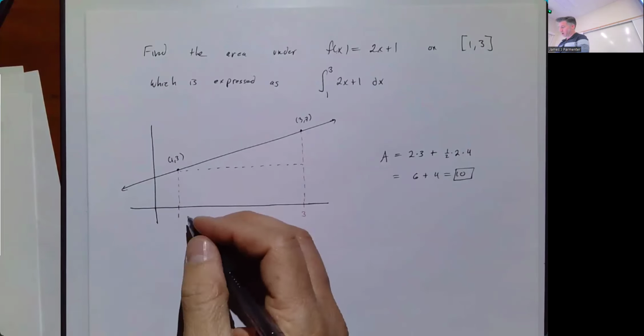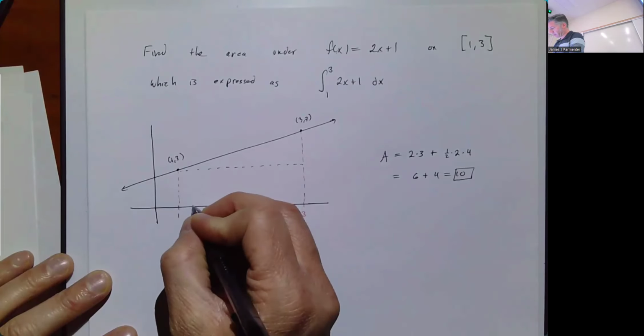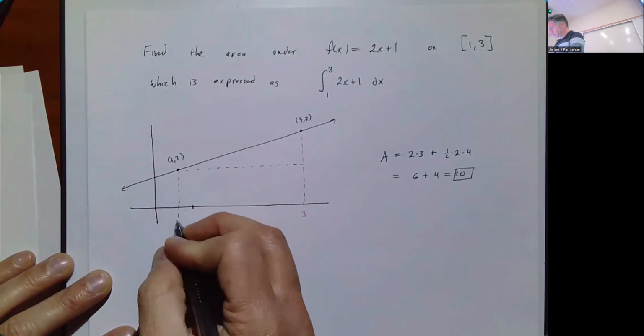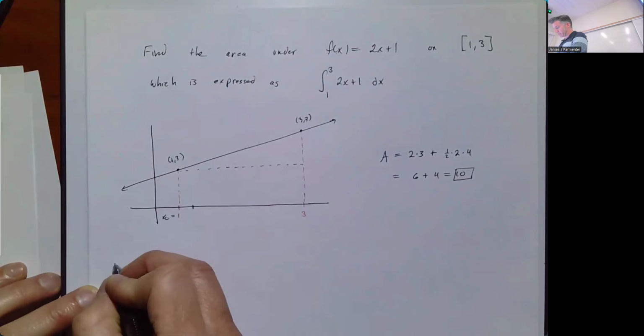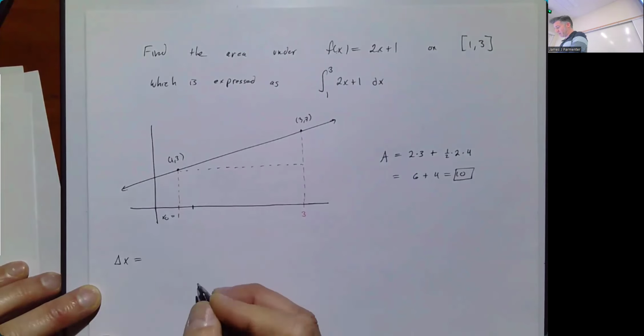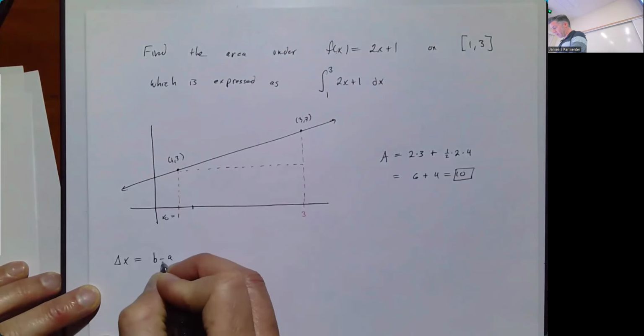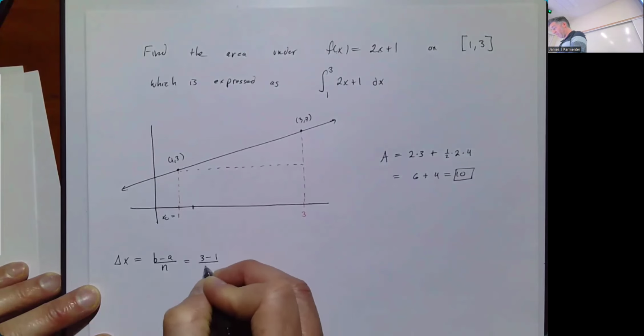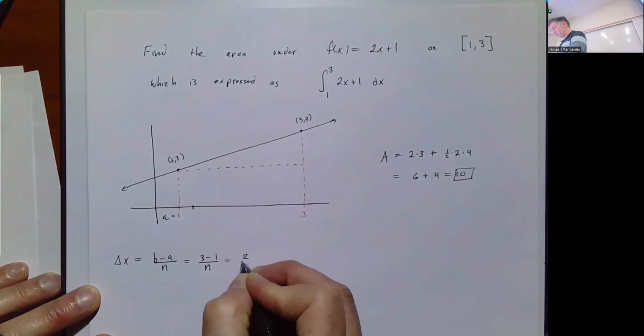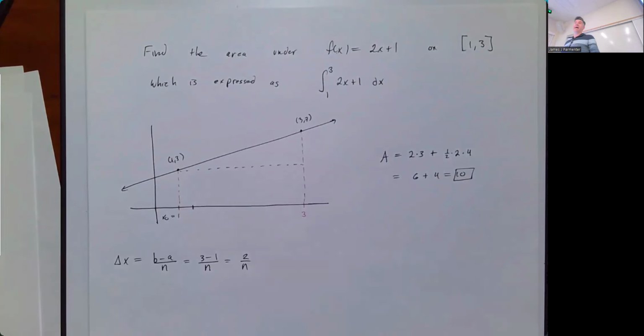So let's draw our little x sub i's. So this x sub 1, that's going to be our x sub 0. I should back up a little bit. Let's find our delta x. Our delta x is going to be b minus a over n, which in this case is 3 minus 1 over n, which is 2 over n. n is just n.